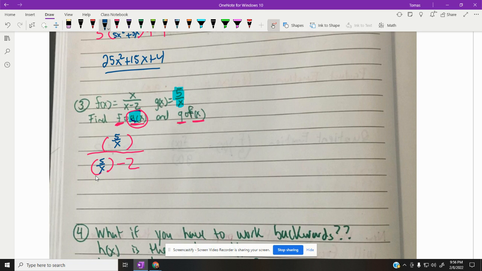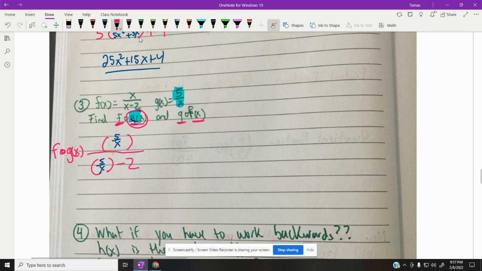Again, I am not worried about simplifying. I am not worried about any other thing, multiplication. Sorry about that. F of g. Okay. I just want you to get good at setting up.